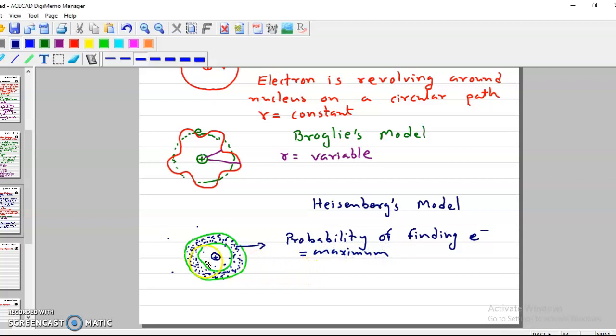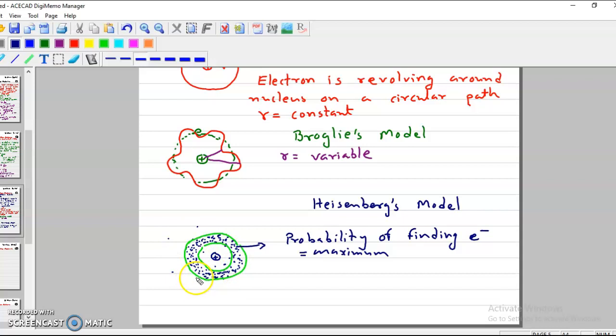So here, according to Heisenberg, the position of the electron is uncertain, the momentum of the electron is uncertain, the velocity of the electron is uncertain. So we cannot find out anything. So how will we explain it? With probability.